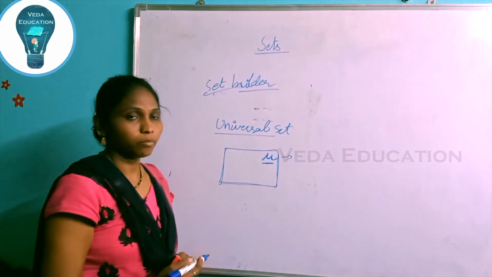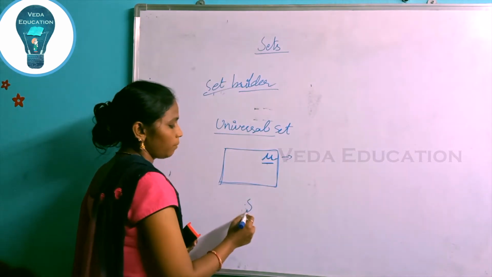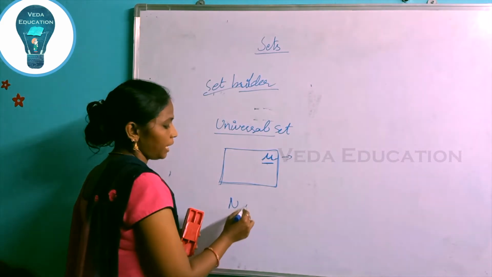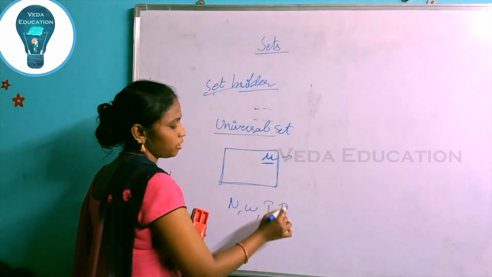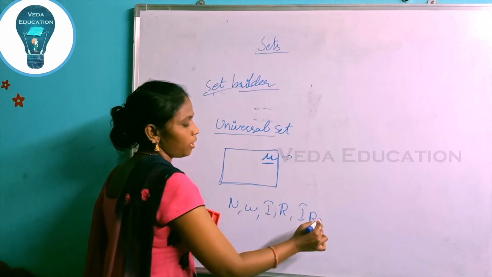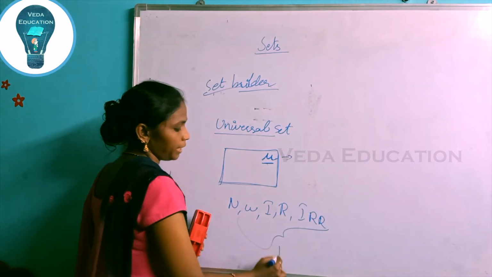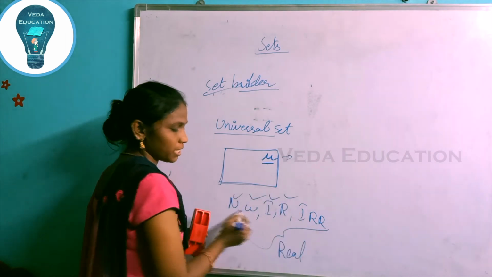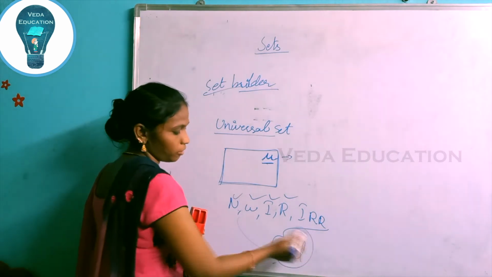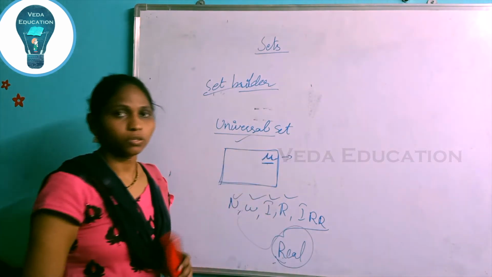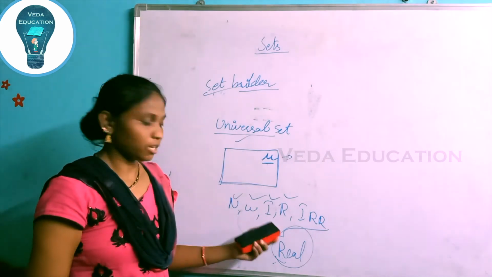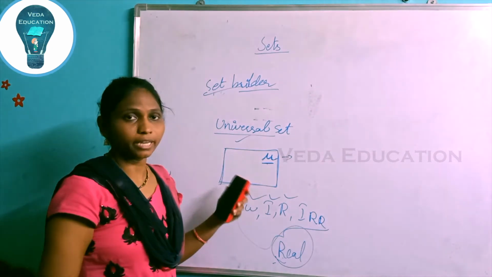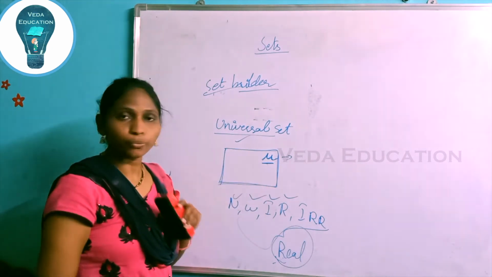Here I am taking an example. Natural numbers. In the previous class we discussed natural numbers, whole numbers, integers, rational numbers and irrational numbers. These are all involved in real numbers. So these are all called sets, and all these sets are involved in one whole set. That set we call the universal set. Got it? The set in which all sets are involved is called the universal set. For the universal set we use a rectangular box and the denoting letter is mu.